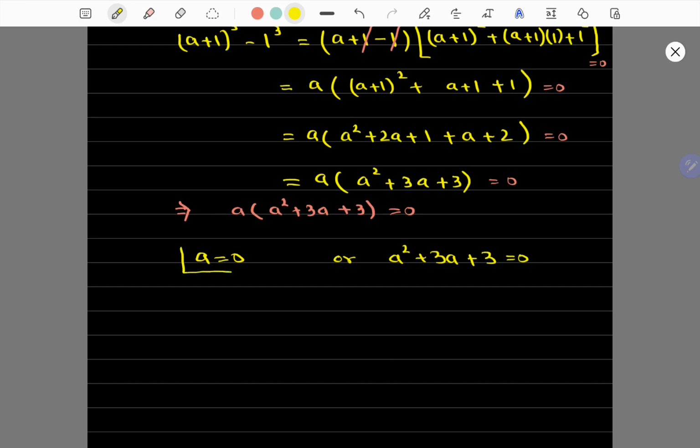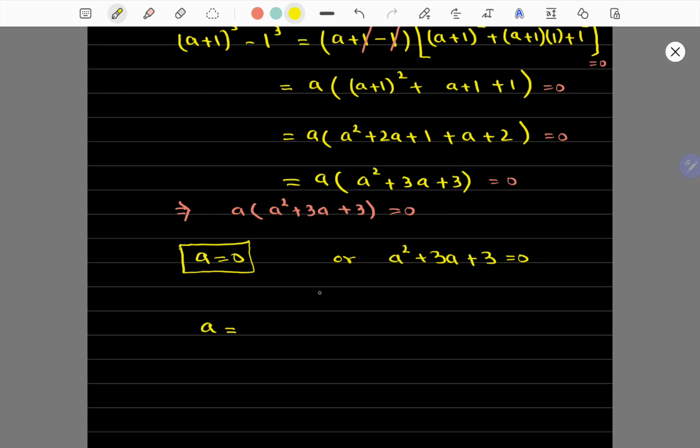This is one solution, a is equal to 0, and the other two solutions from this quadratic equation we can find by the quadratic formula. Here I am using the quadratic formula, this is the b term, this is c, and the coefficient of a^2 is 1.